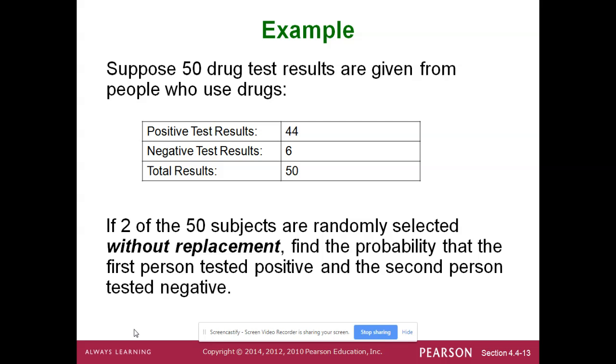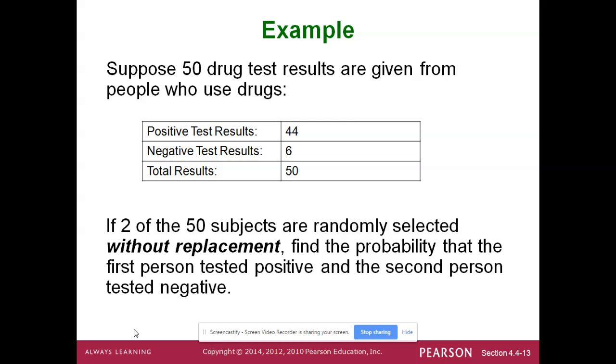This is one of those where it's not a sample. Our population is these 50 people. What's the probability of the first positive and the second negative, without replacement, because that's in bold and italics there. So what's the probability of the first one being positive?